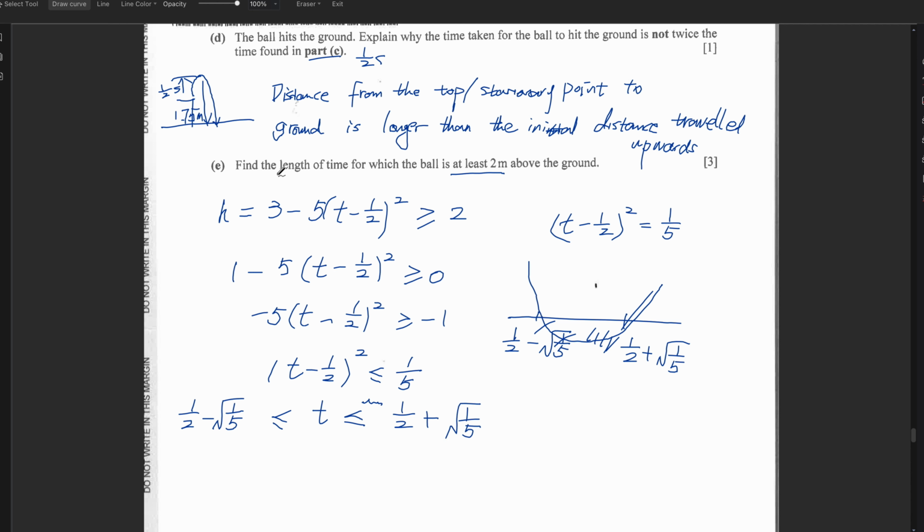So the length of time is just 2 times the square root of 1/5. In that case, we can press the calculator, or we can just leave the answer as 2 root 5 divided by 5 seconds.